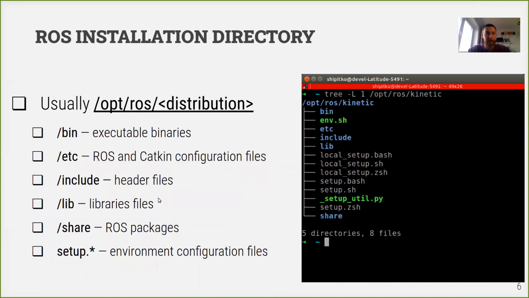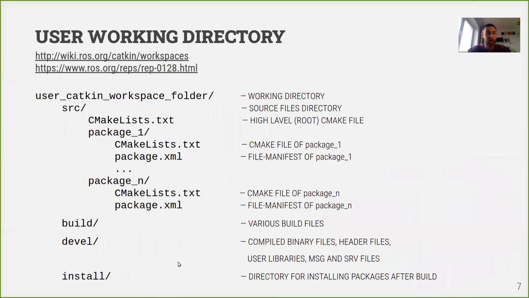And then we discussed that there is a certain structure of our working directory. There is a src folder where we put all packages, and each package has to have two files. CMakeList, because it is used by Catkin, which is the build system of ROS, and the second file is the manifest file, which is called package.xml, which also has a specific structure and contains different information on our package: who is an author, who is a maintainer, which version of the package is available at the moment, and many more.